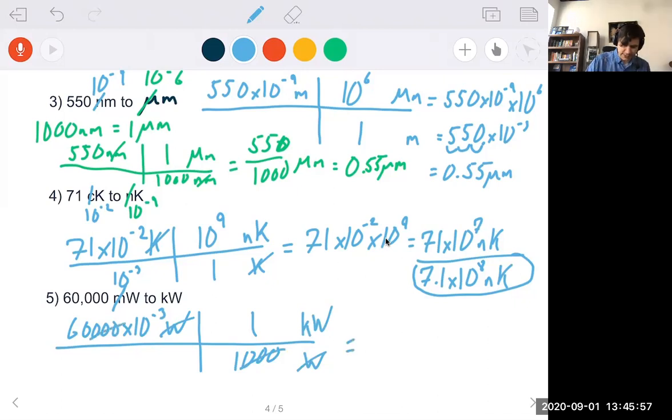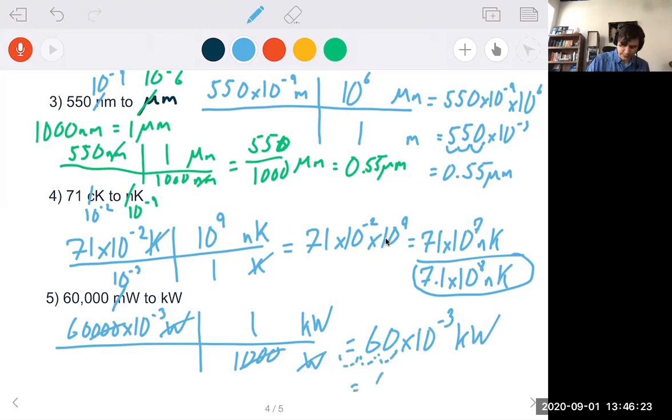So this would give me 60 times 10 to the minus 3 kilowatts. And now I want to get rid of that minus 3, so I'm going to take this decimal place and hop it over 1, 2, 3 spots.